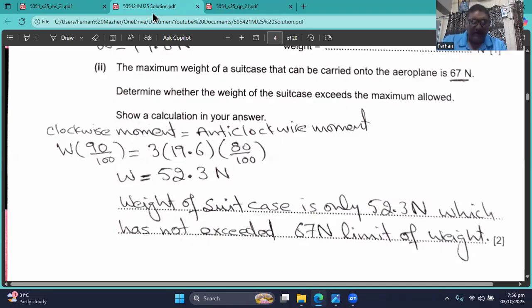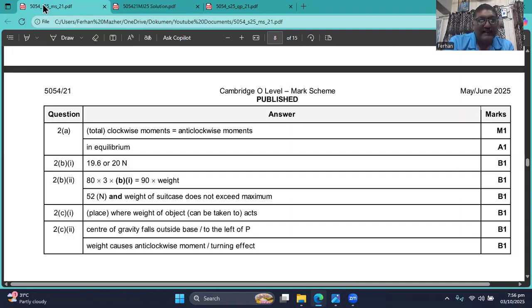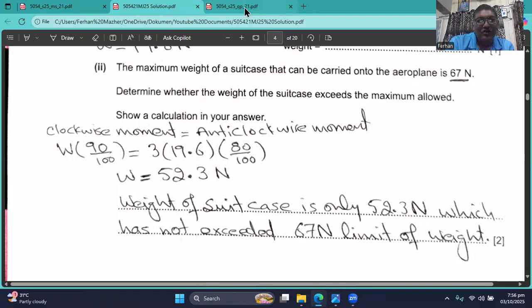When you do this calculation, W will be equal to 52.3 newtons. They said that the allowed limit of the weight is 67 newtons. The weight of his suitcase is only 52.3 newtons, which has not exceeded the 67 newton limit of that airline. So I hope you understand this. And so our answers are right. You can look at the marking scheme. This is how this is done. I hope you understand this diagram.